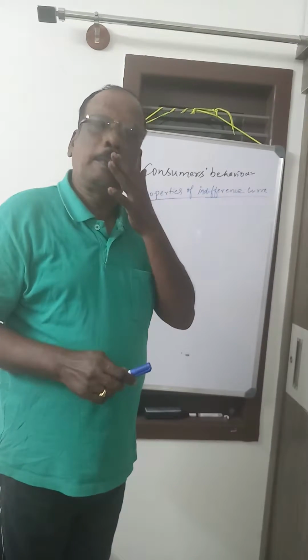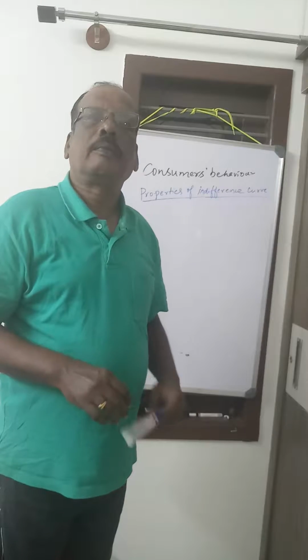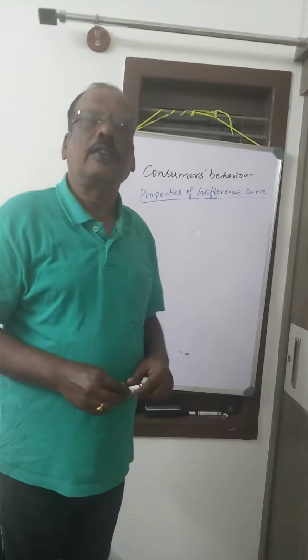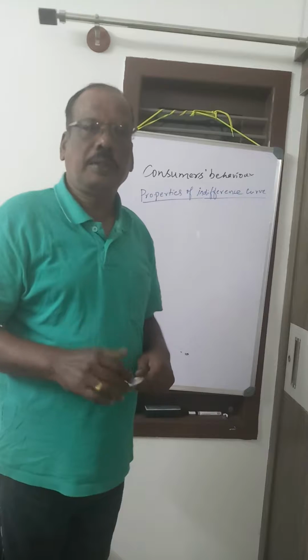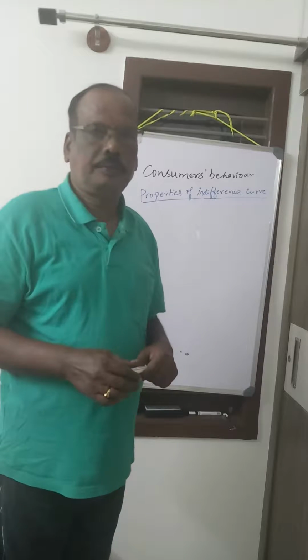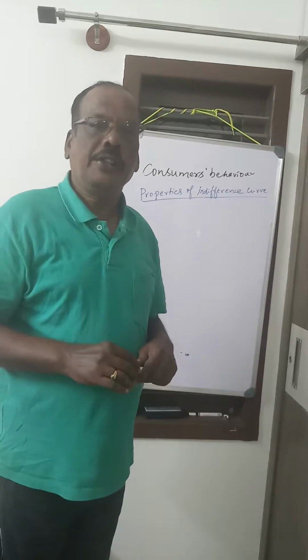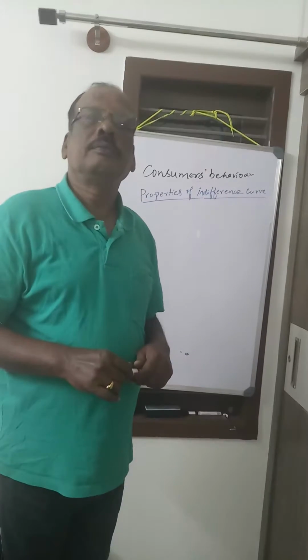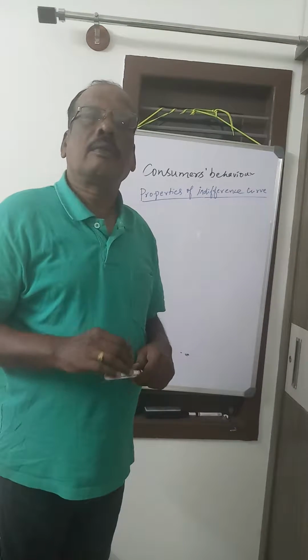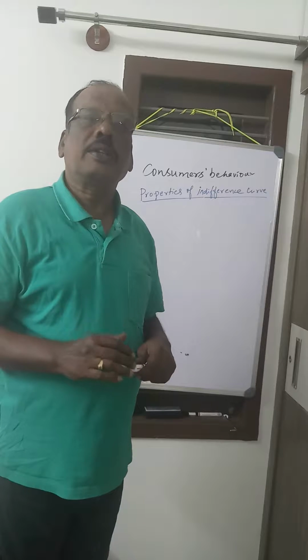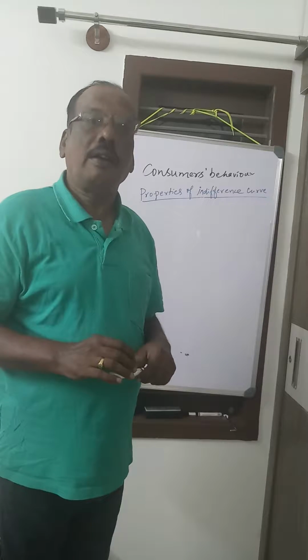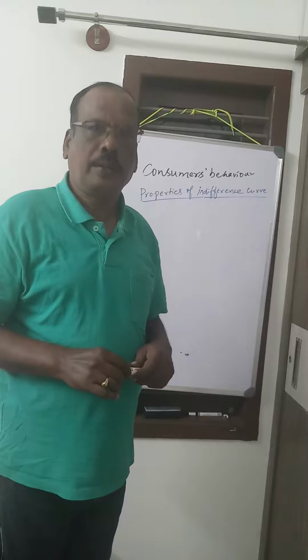I told you that indifference curve analysis is an improvement over the Marshallian utility analysis. In Marshallian utility analysis, we measure the utilities in cardinal numbers like 1, 2, 3, 4.